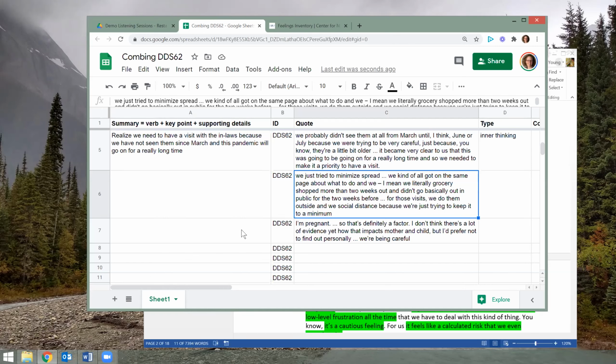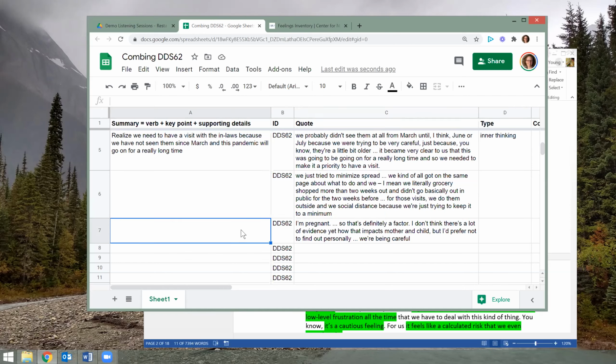I think I will try summarizing the pregnant one at least. Prefer not, although prefer is a preference, but the way that she's using it is as inner thinking. How do we want to put this? You can't start a summary with the word be. So be careful, that's not going to work because that's just too general.